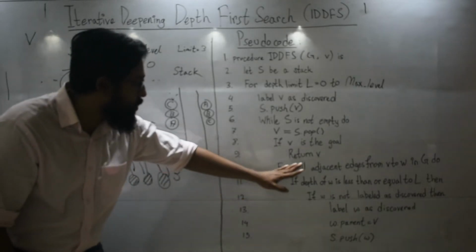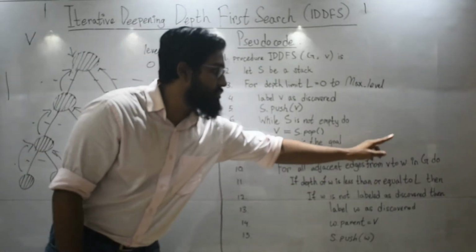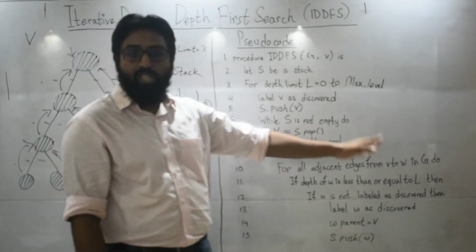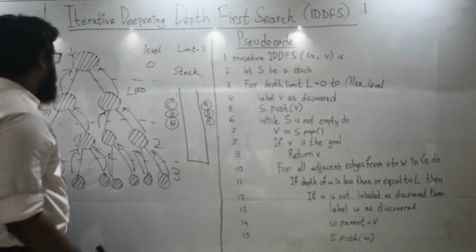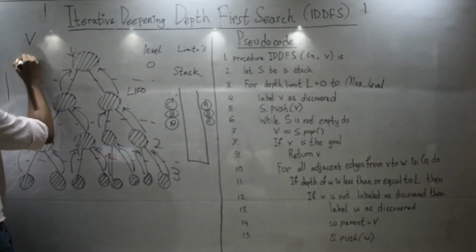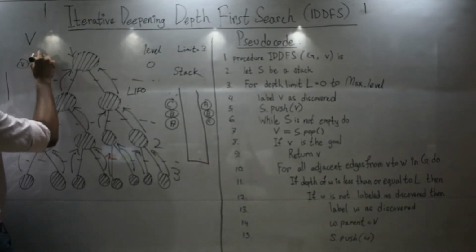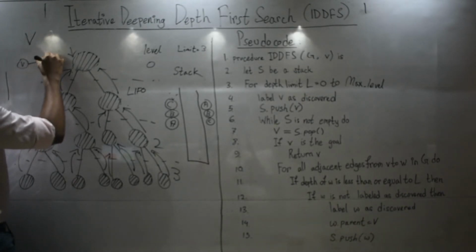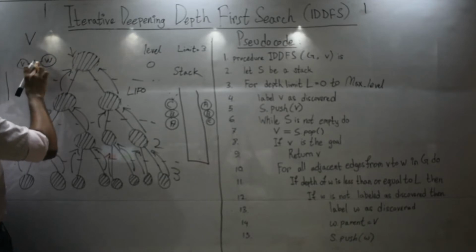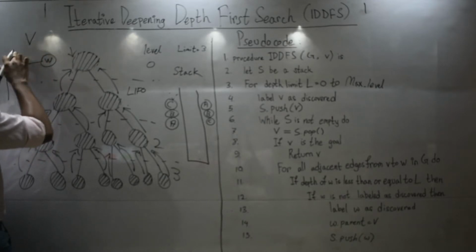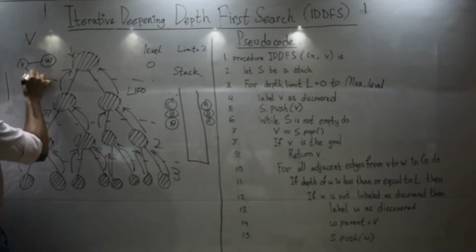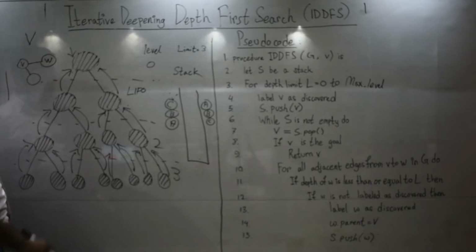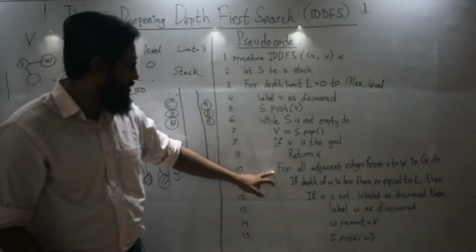Okay. For all adjacent edges from V to W in G do, what does this mean? From V to W, if you have a node V and its neighbor W, we're going to work with all of its neighbors, whatever neighbor it has. Okay. So that's what it means over here.